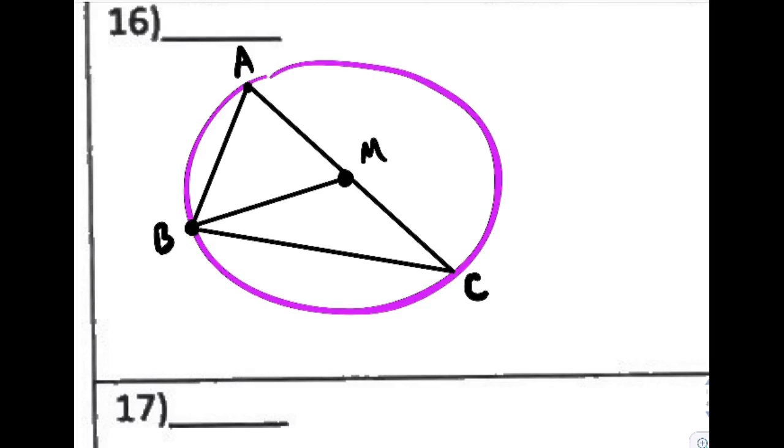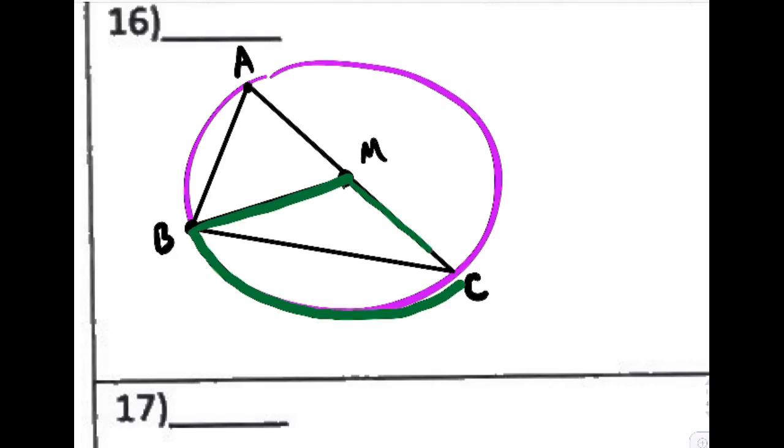Then it says triangle ABM is isosceles. ABM is this triangle right here. Is that isosceles? Well, this is a radius. This is a radius. So they're the same, so it has to be an isosceles triangle. So that's true. Choice 3 says arc BC is the same as angle BMC.